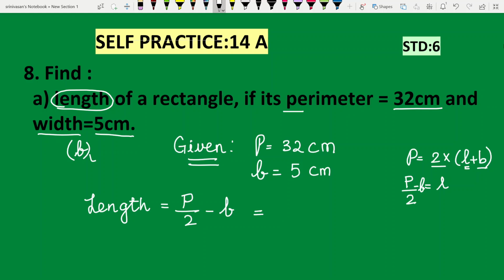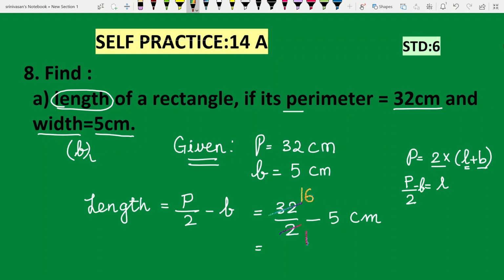Now, we will substitute the given values in the formula. P by 2, that is 32 by 2, minus breadth is 5 centimeter. So, in common we will write centimeter. Now, divide this 32 by 2. By cancellation we can find out the answer. 2 ones are 2. 16 twos are 32.